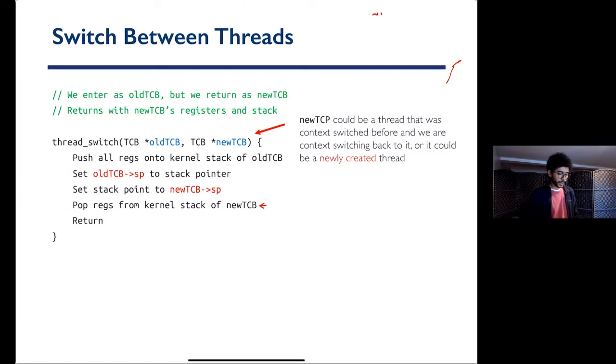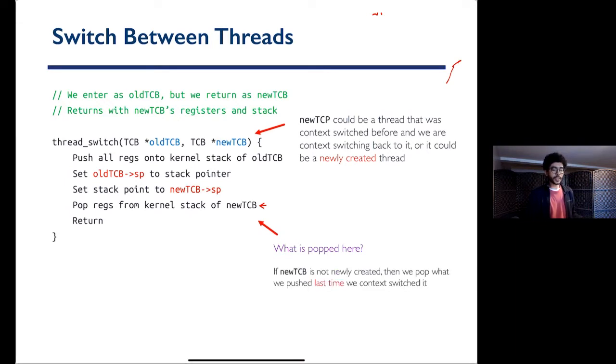Now, why is that important? Well, it's important when we are popping from this stack. When we context switch, when we change the stack pointer to this new TCB SP, we're going to pop from this stack. Now, what are we popping? What is being popped from this stack depends on what kind of thread we're dealing with.